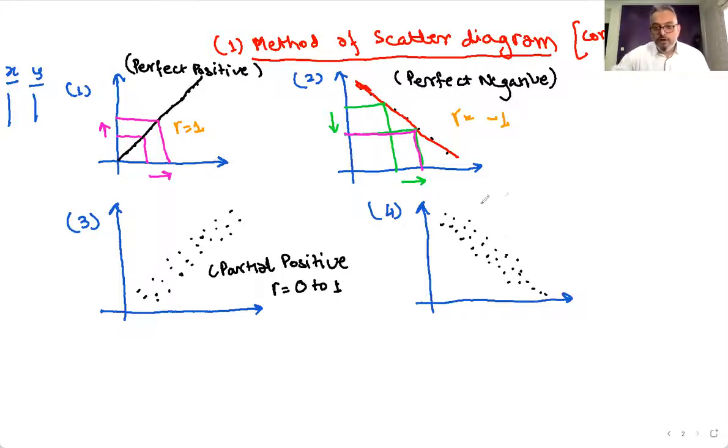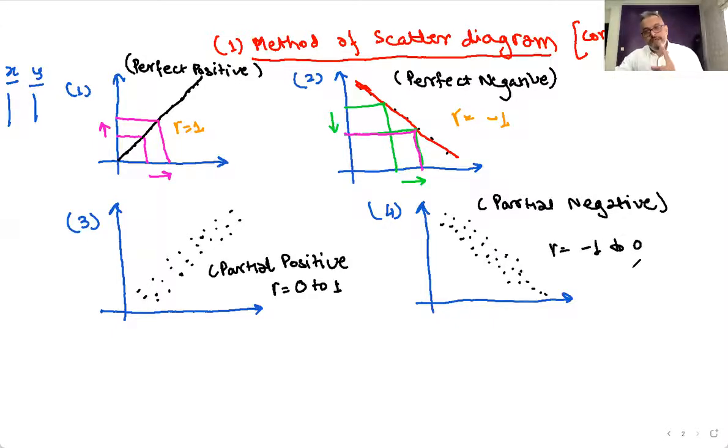So over here, we would call this diagram as partial negative. It is not completely negative, not completely positive, so we call it partial positive and partial negative, where R will be between -1 and 0. So it will not be 0, it will be greater than -1, less than 0.